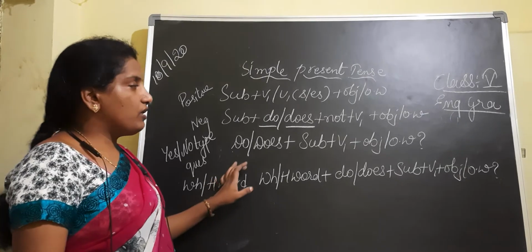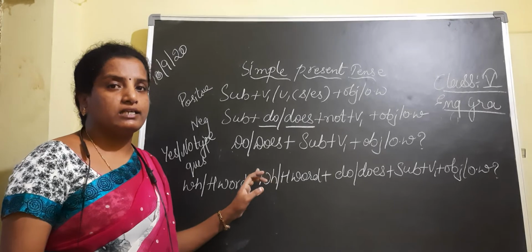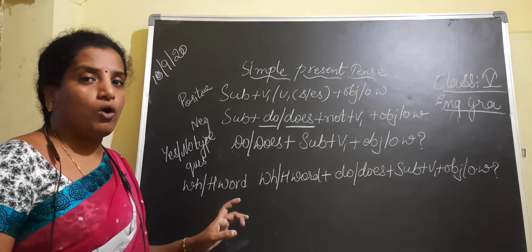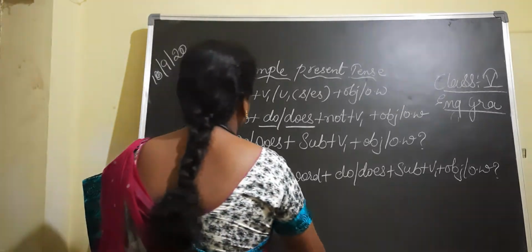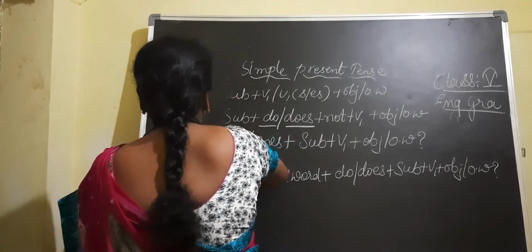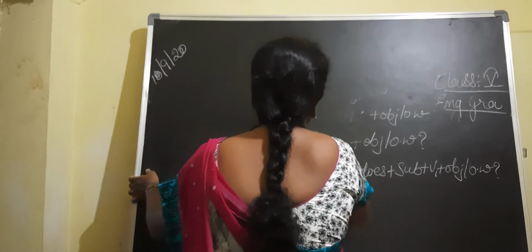We have to be very careful whenever we are using do or does in a sentence, children. We have to use only the V1 form of the verb. Now let us discuss WH or H word questions about the simple present tense, okay children.